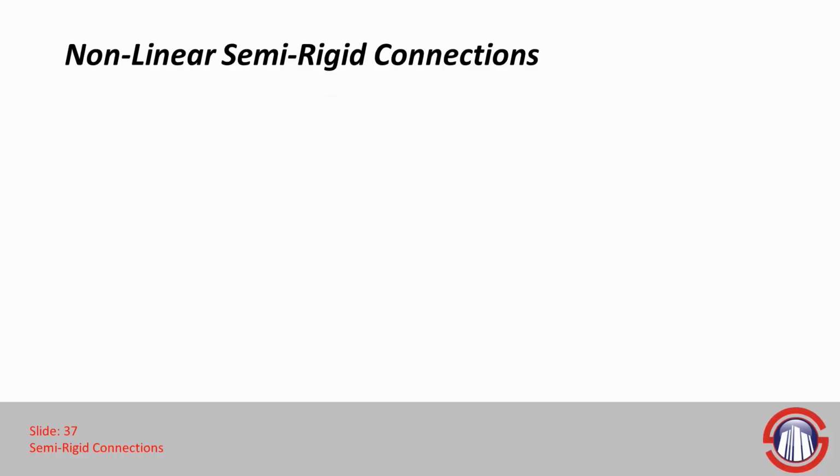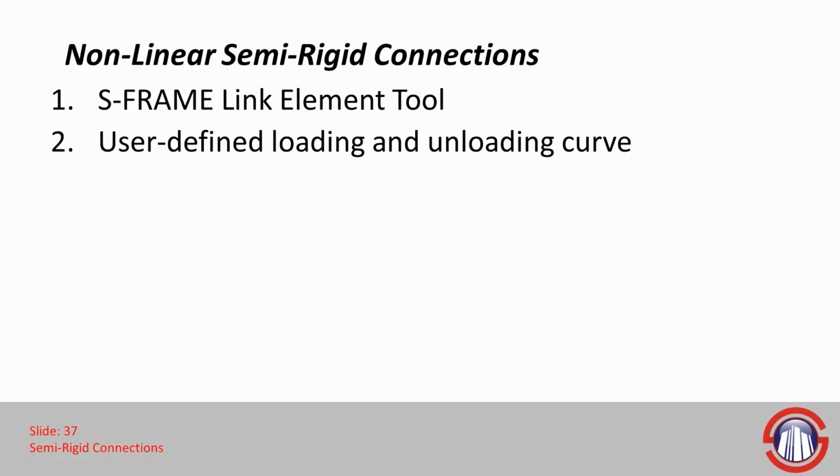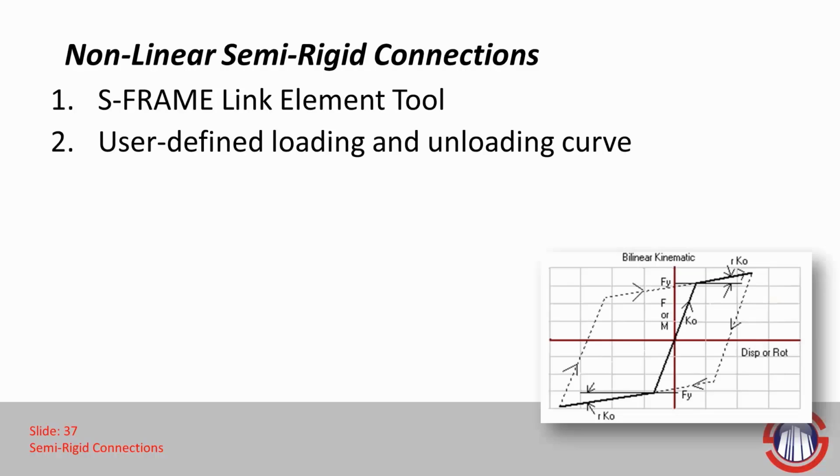Now for the nonlinear semi-rigid connections, SRAM has a link element tool that has several hysteretic material models that you can use. There are also user-defined loading and unloading curves. This does require nonlinear analysis, so the complexity of the analysis does increase, but you are getting more robust results.